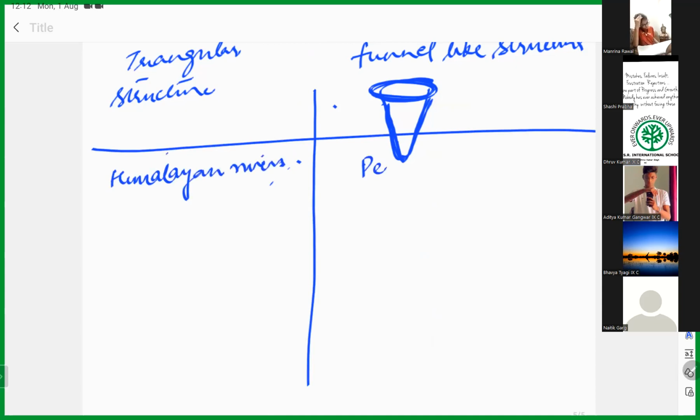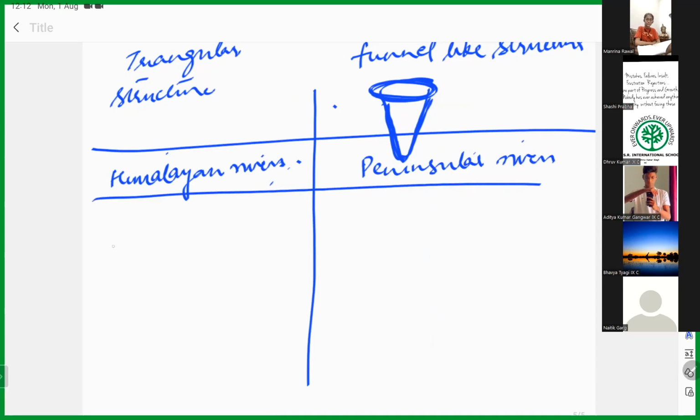Now, I tell you that the Himalayan rivers that we have and the peninsular rivers, you must have come across the terms perennial and non-perennial. Have you heard of this word, Manrina?